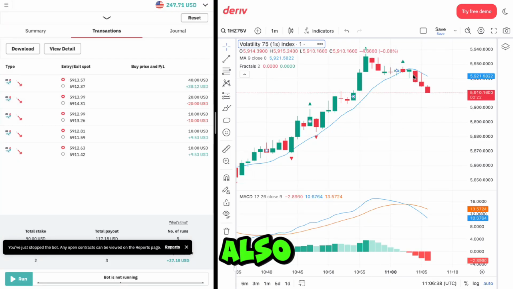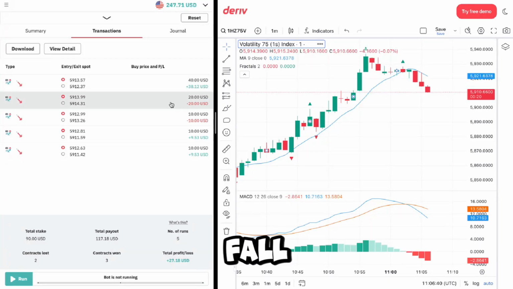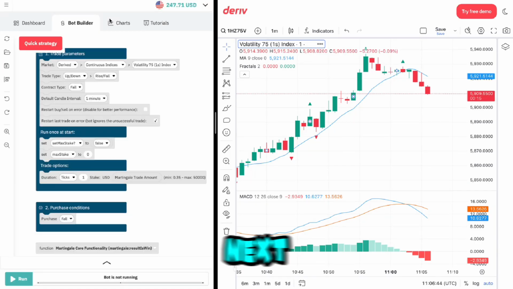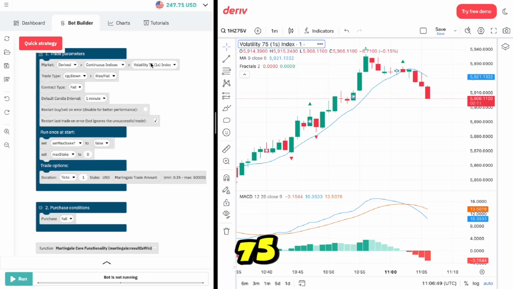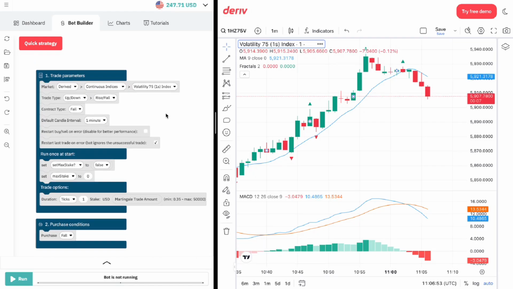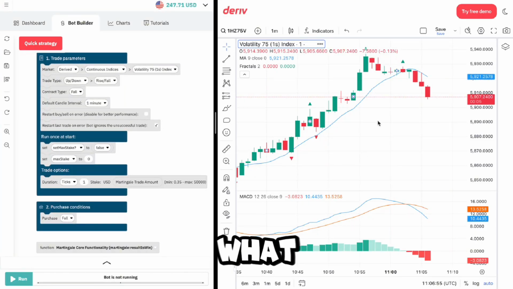But this is also going to be a good fall. Let's see where the next candle goes. If the next candle goes for a fall, we'll keep trading. So 75 on S. Always remember, change the market. What is on your board must be what you're seeing on this other end.